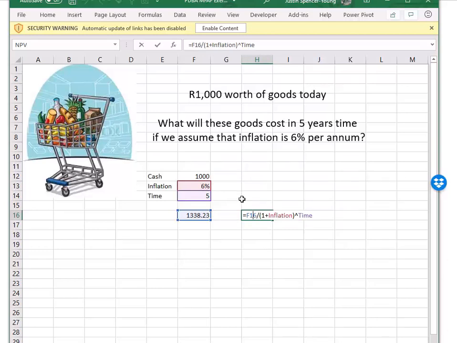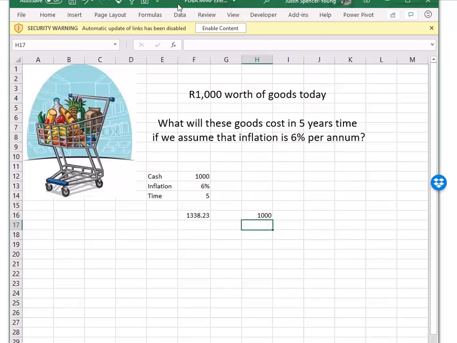This is just a reverse calculation using the future value and the present value to show how these variables impact the results. So that's a very simple way of using the formula.